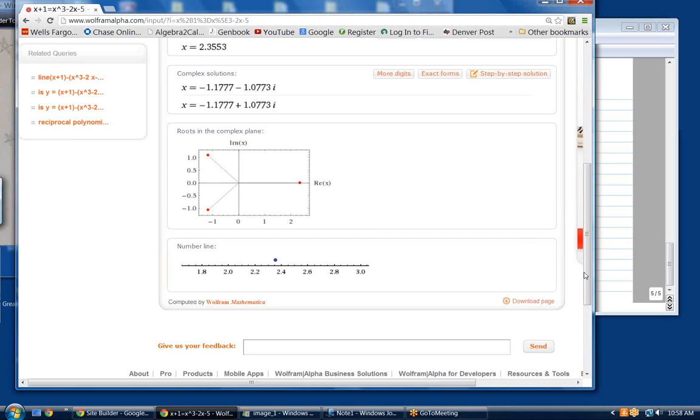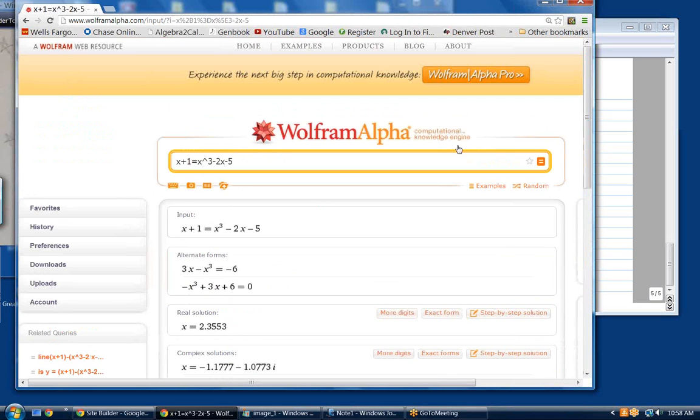Okay, and if we turn this into a single function, let's say I want to subtract this, and then I want to add this, and then I want to add the 5.